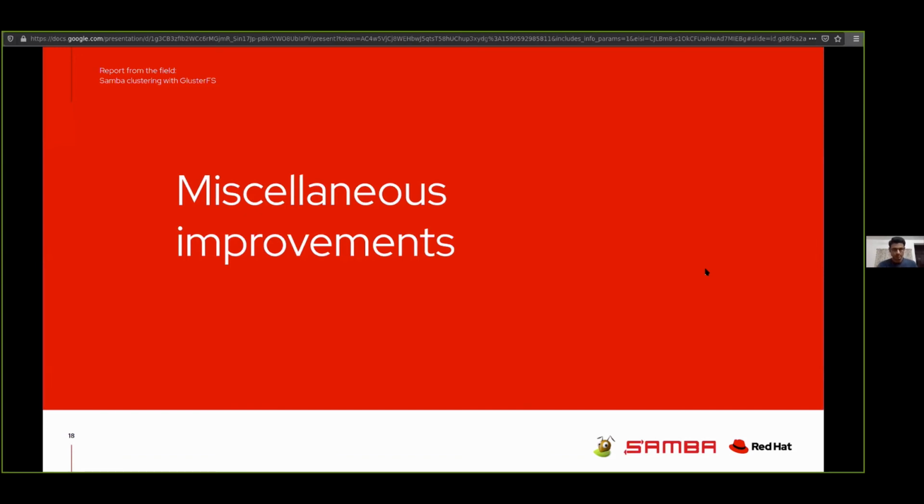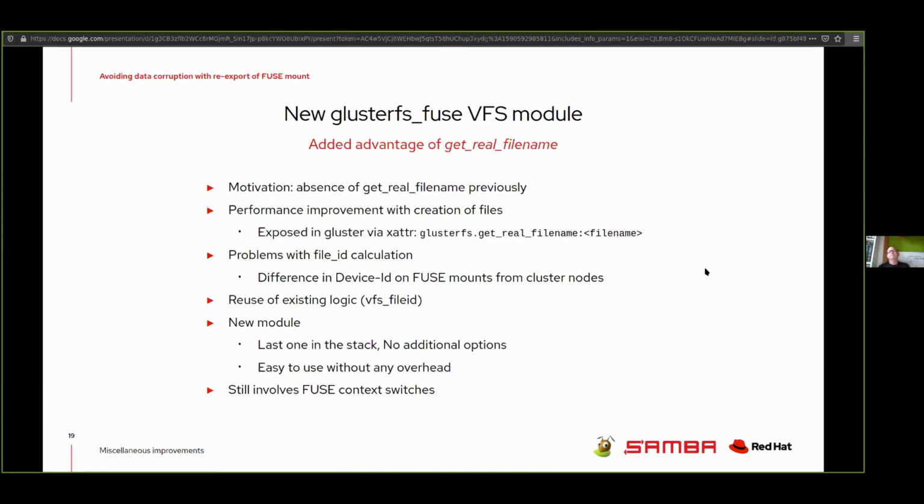Now to Günther. Right. We mentioned this distinction between the Fuse re-export and the VFS GlusterFS module. Of course, we also wanted to bring some of the advantages that the VFS GlusterFS module brings to the Fuse module as well.